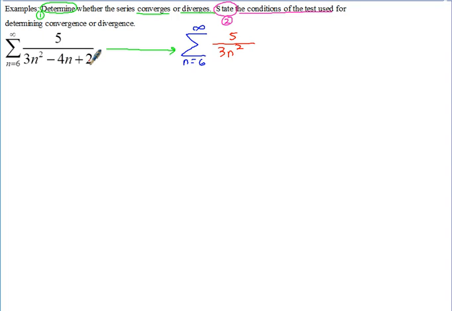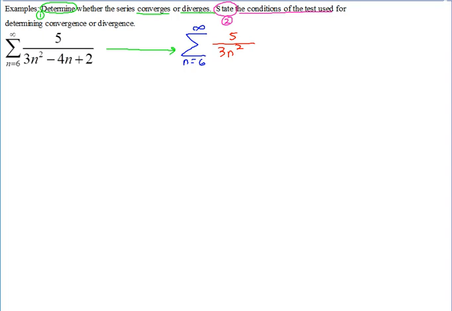And remember, just like with the integrals, constants multiplied, in this case 5/3, can be pulled outside of the series as well. Because that 5/3 will not affect whether the series converges or diverges. All it's going to do is multiply every term by 5/3.